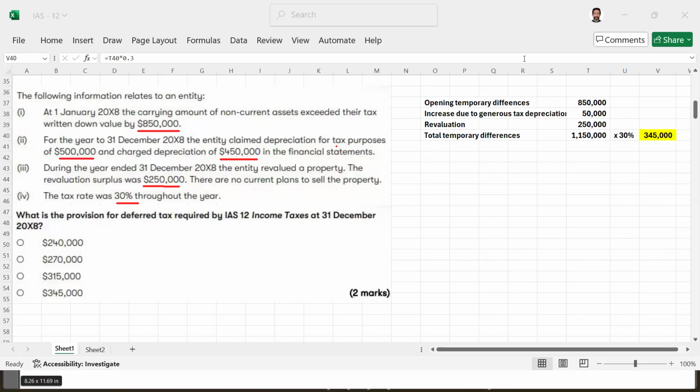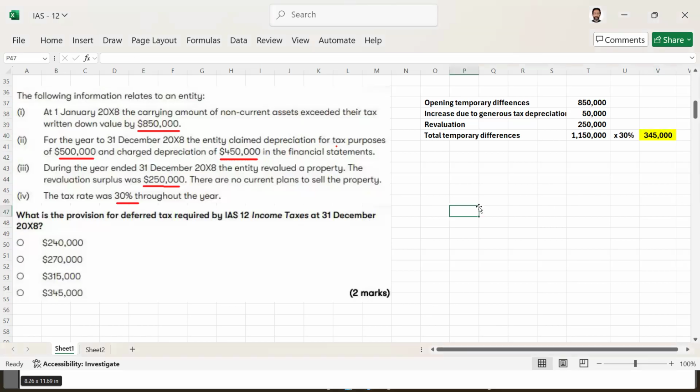So due to revaluation, the carrying amount increases, and that results in further increase in temporary differences. I hope this is clear now. Yes, student, I hope the explanation made sense. Okay, excellent. So this is done.